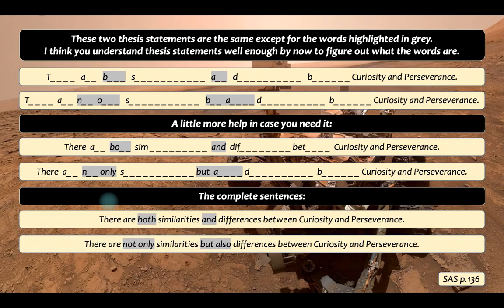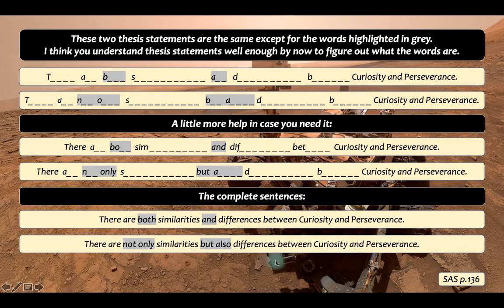There are both similarities and differences between Curiosity and Perseverance. You should remember this "differences between" phrase from when we talked about contrast essays. And we can use the phrase "both...and," or we can say "not only...but also."